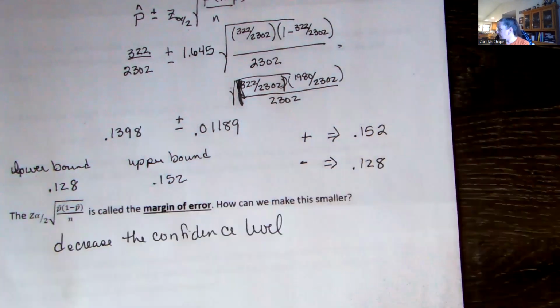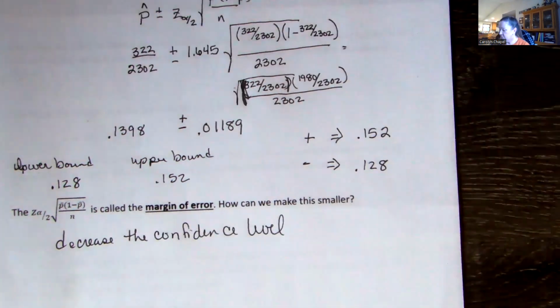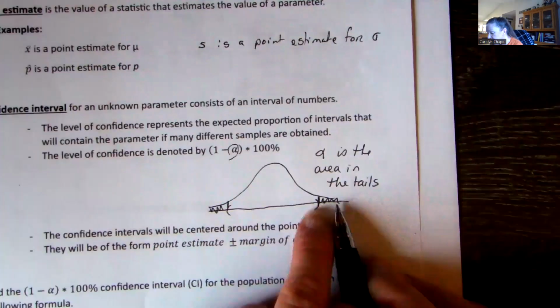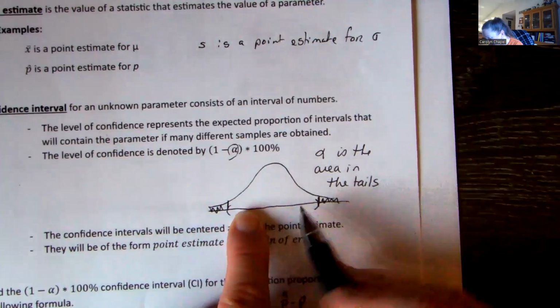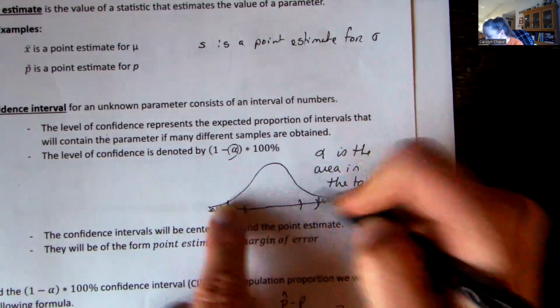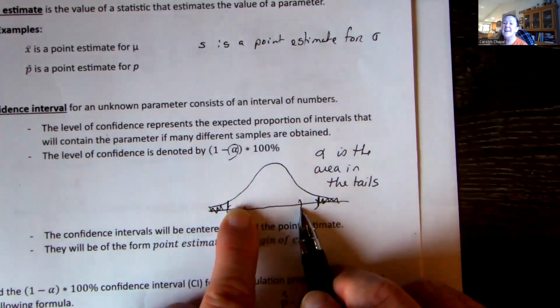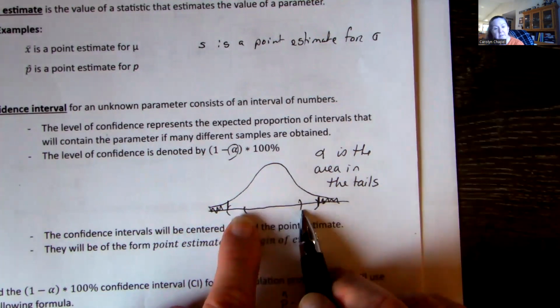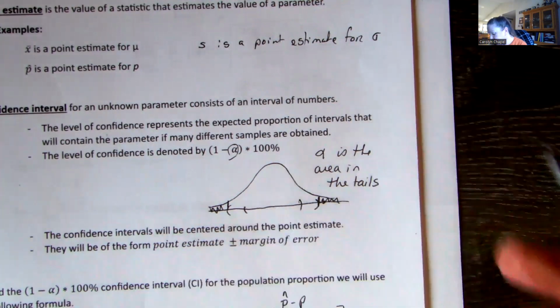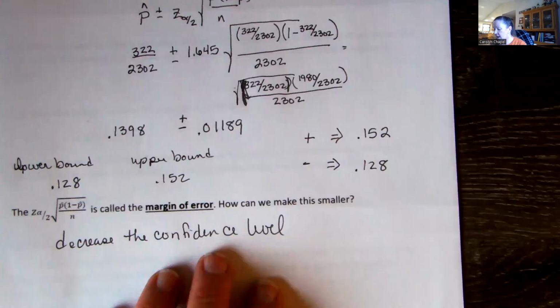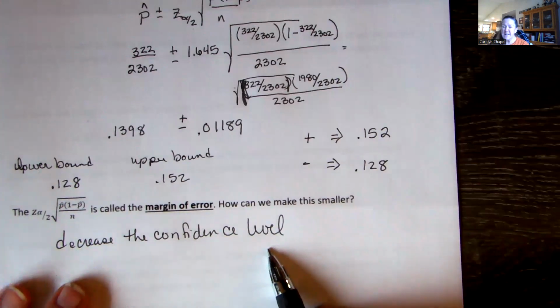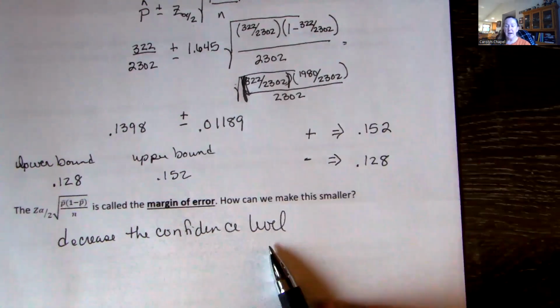Okay, because we're going to make this area small, going to this picture, we're bringing this in. So thinking of this was 90%, if I bring it in, we're going to have less percent. So we're going to be less confident of the value being in there. So we could decrease our confidence level. Not something we always want to do because we like, as statisticians, to be pretty darn confident.